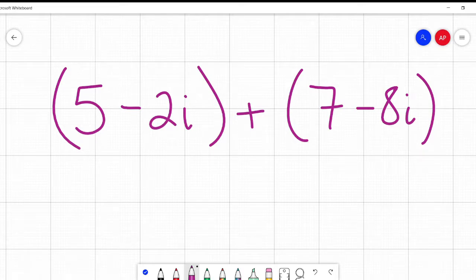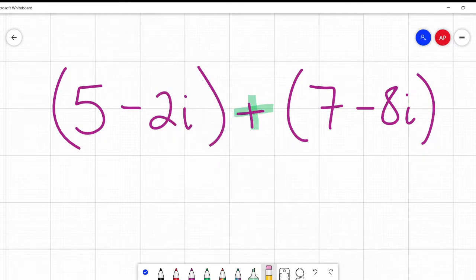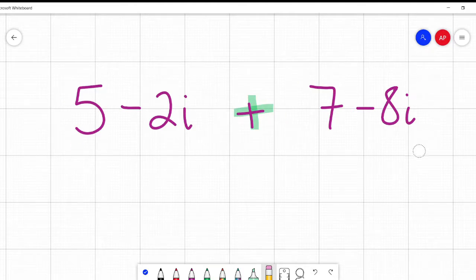Not multiplying, not dividing. That's a discussion for a later time. Adding and subtracting, treat them just like regular variables. Okay, I look in the middle. I am adding. So, because I'm adding, these parentheses don't mean anything.